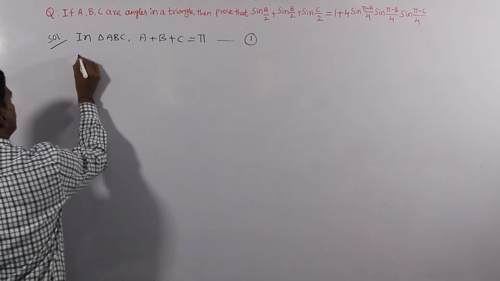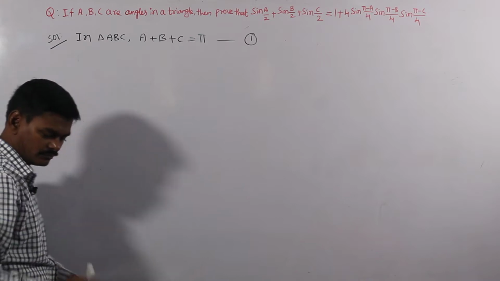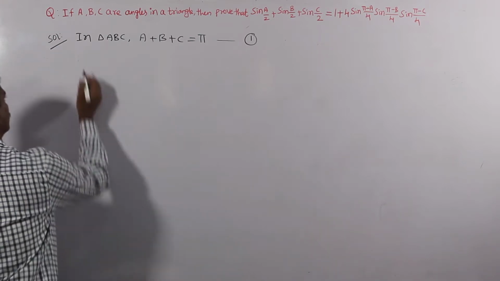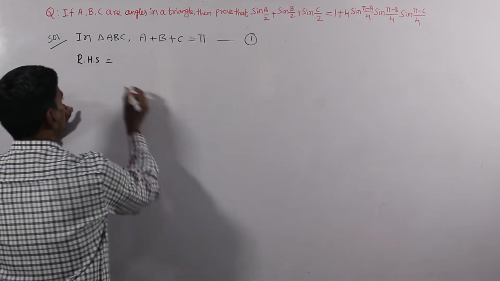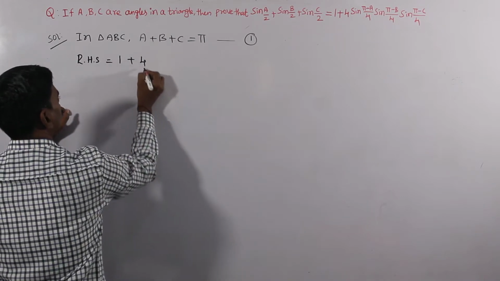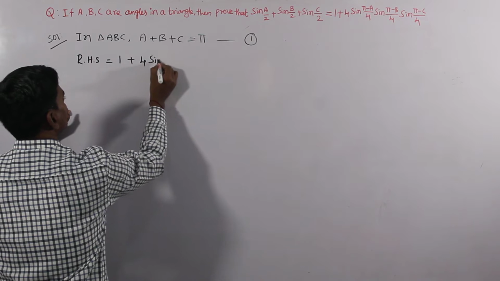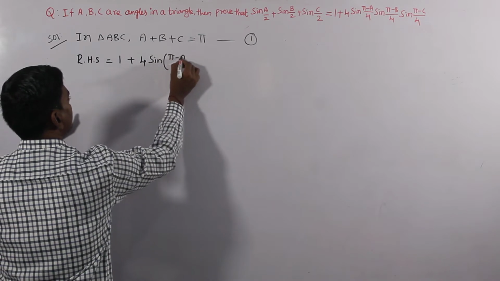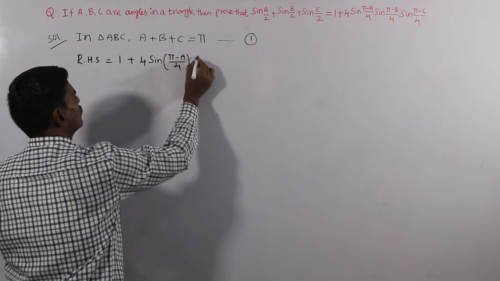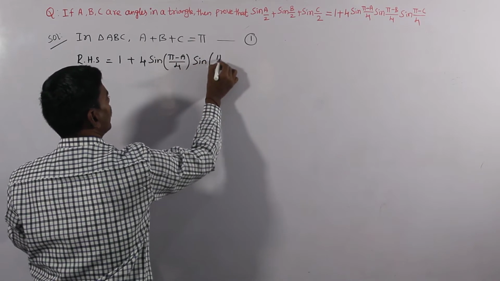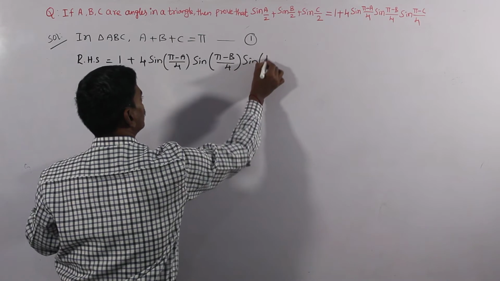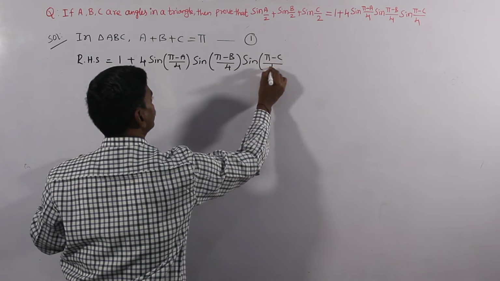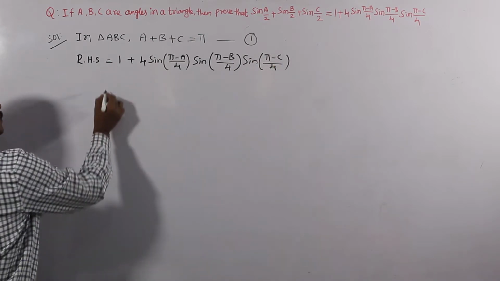Now let us take RHS. So 1 plus 4 sin of (pi minus A) by 4 into sin of (pi minus B) by 4 into sin of (pi minus C) by 4.